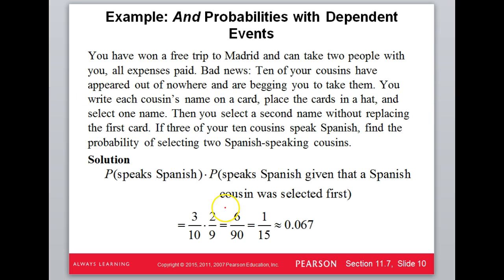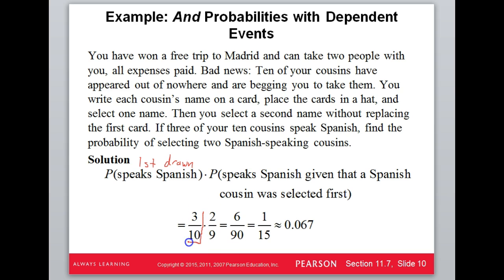Alright, so the probability of both being Spanish-speaking is the probability the first one drawn speaks Spanish. Alright, that's the 3 out of 10.